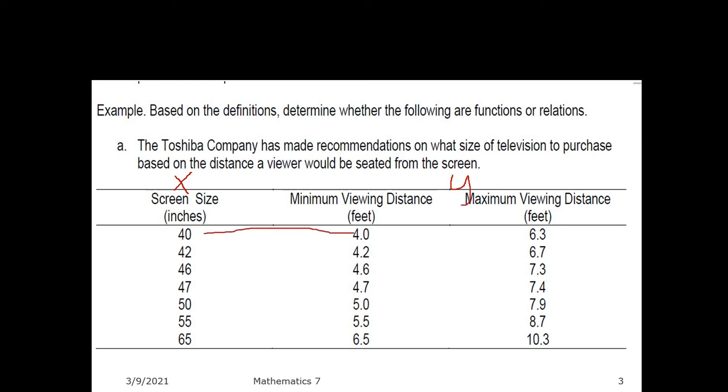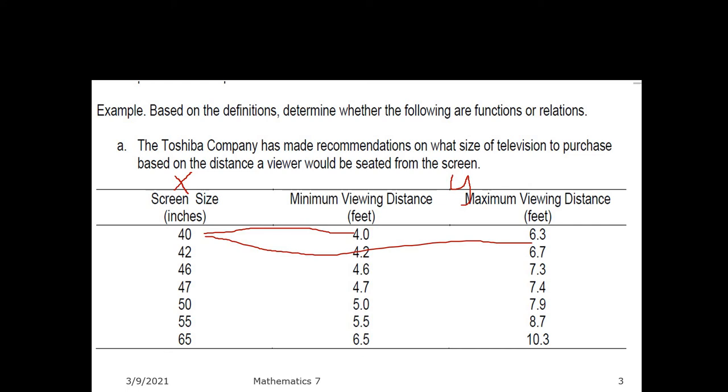If your television is 40 inches, then you must be 4 feet away from the screen, and a maximum of 6.3 feet away.